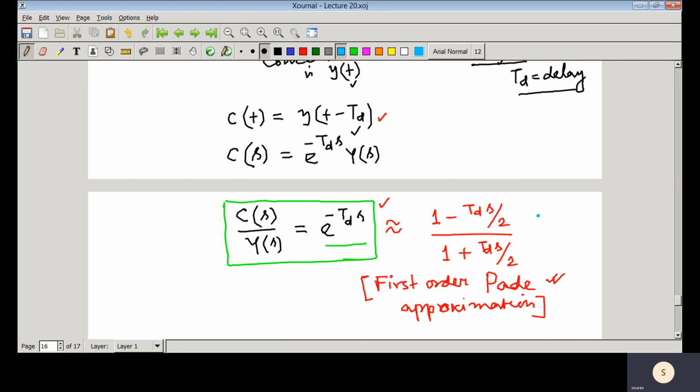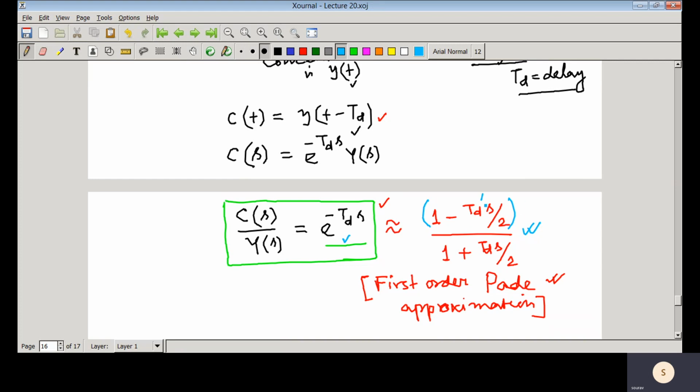And here you can see that whenever you approximate this e to the power minus Td s, it is coming in proper form. This is a transfer function in proper form, but you can see that in the numerator there is one zero on the right half of the s plane. That zero is at 2 by Td.